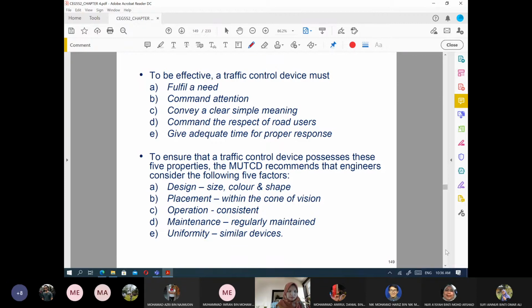Okay, that's why when they design this traffic signal, the green color ada 3 jenis. Dia ada controller green, dia ada effective green, dengan satu lagi, ada 3. Because of what? You need to have those lost time.